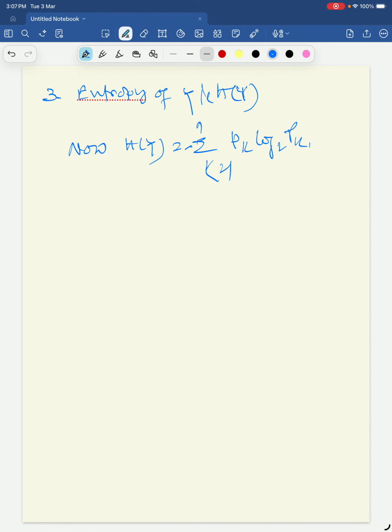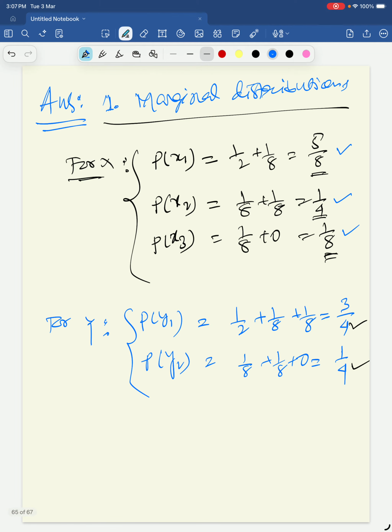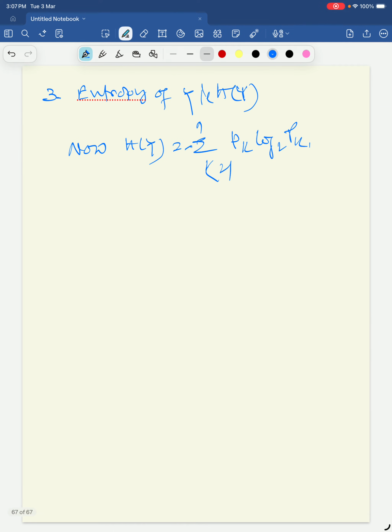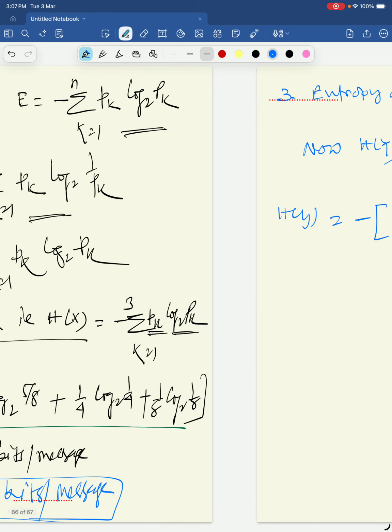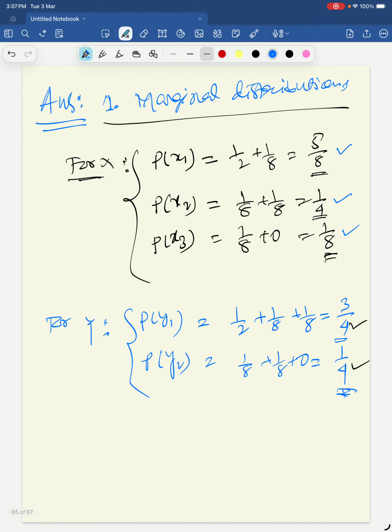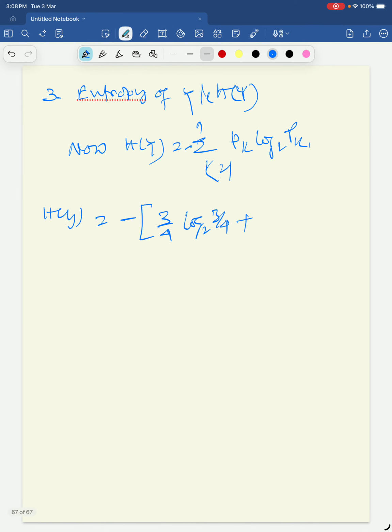So here how many probabilities? 2 probabilities are there, 3 by 4 and 1 by 4. So H of y is equal to minus summation, 3 by 4 log to the base 3 by 4 plus 1 by 4 log to the base 1 by 4.